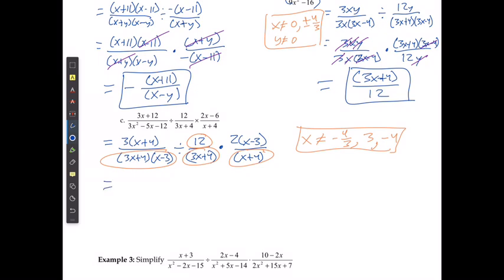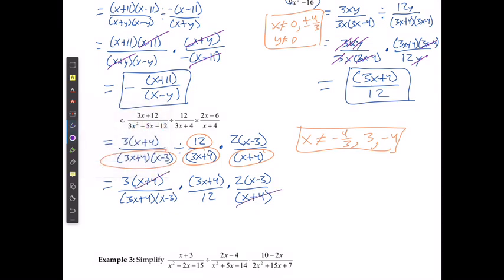I'm going to flip the divisor: (3x + 4) over (3x + 4)(x - 3) multiplied by (3x + 4) over 12 and multiplied by 2(x - 3) over (x + 4).